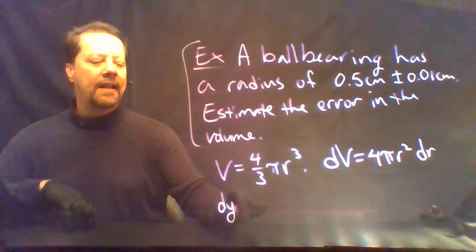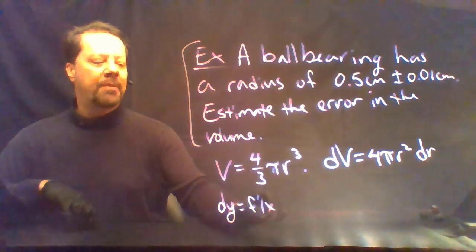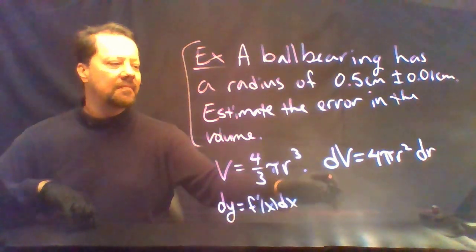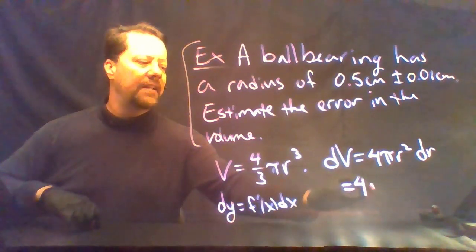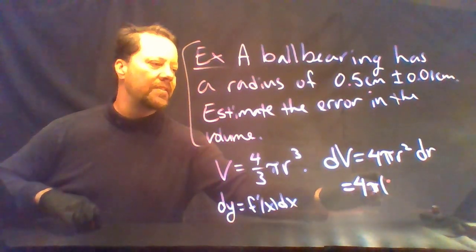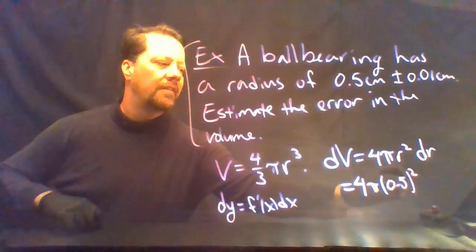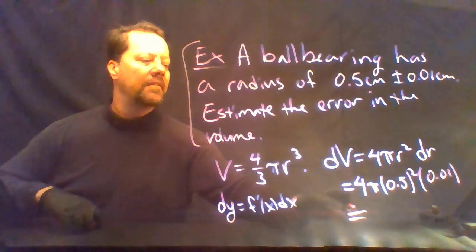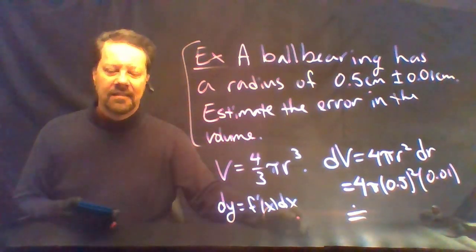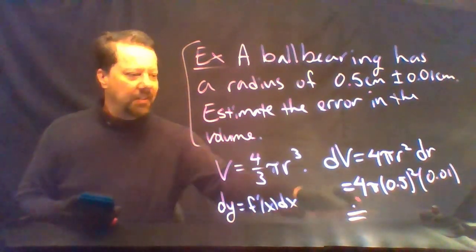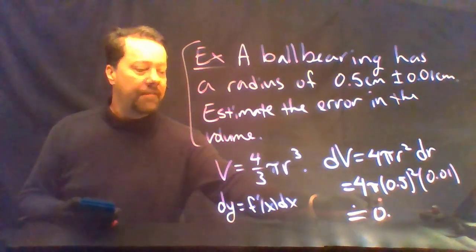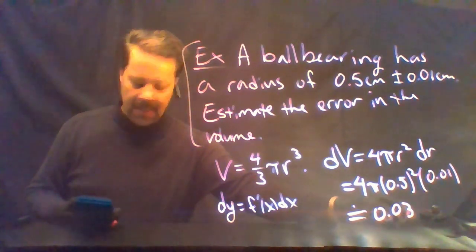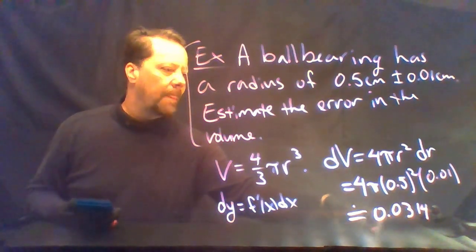Remember that dy is f prime of x dx. It follows then that if r is 0.5 and dr is 0.01, my calculator gives me an estimate on the error in the volume as 0.0314.